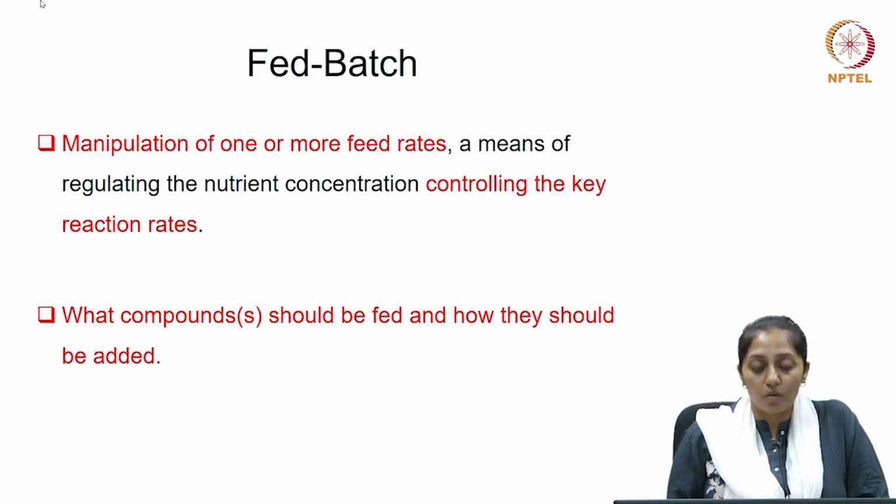That is also to be determined. There can be more than one feed stream inside the reactor because one or more nutrients may be required to be fed at different rates depending on the concentration which one wants to maintain inside the reactor. So, the regulation of the nutrient concentration is carried out by manipulating one or more of these parameters in a fed batch operation.